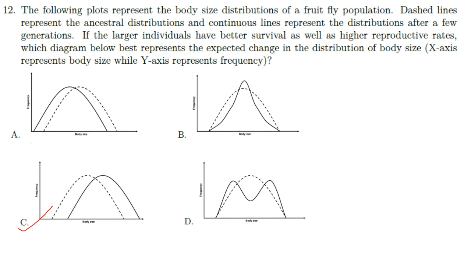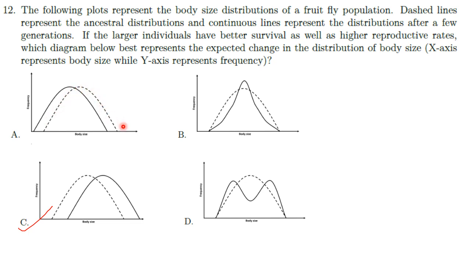Then next one. The following plots represent the body size distribution of a fruit fly population. Dashed lines represent ancestral distribution and continuous line represent distribution after a few generations. Okay, the dashed lines, that is these lines, they represent ancestral population. This is the dashed line.